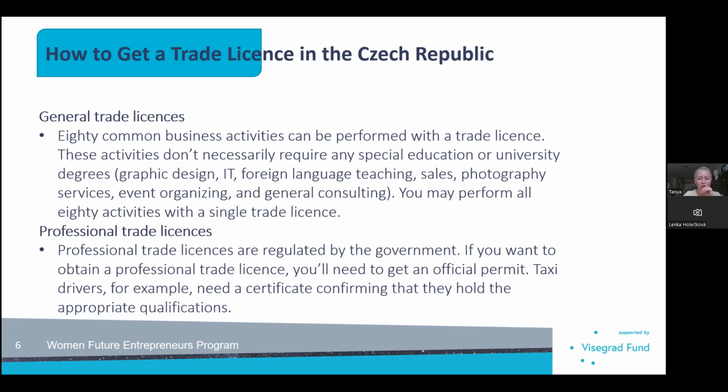For instance, also foreign language teaching, because I know that some of our participants would like to open a language school, or photographs, or something regarding general consulting, etc. And then we have professional trade licenses, and those are more regulated by the government. It's necessary to be given a permission for it from the state.